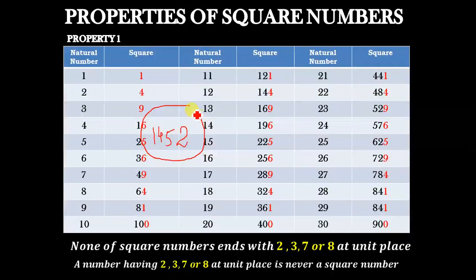If I want to identify whether this number is a square or not, I can say it's not a square number. Why? Because its unit place is occupied by a 2. Similarly, if the unit place is occupied by a 3, 7 or 8, we can say that these numbers are not square numbers.